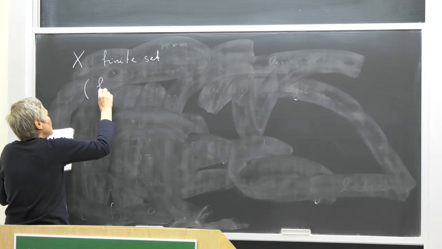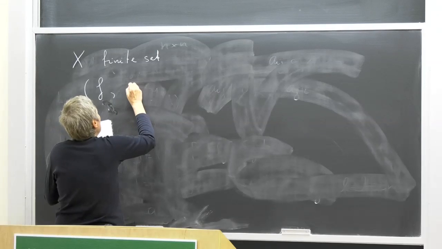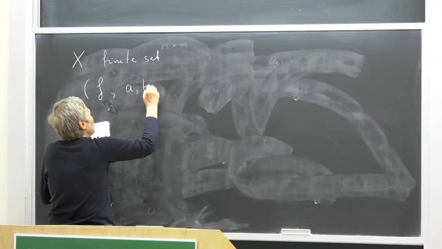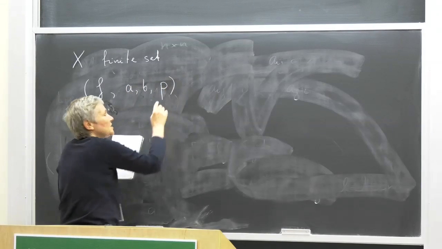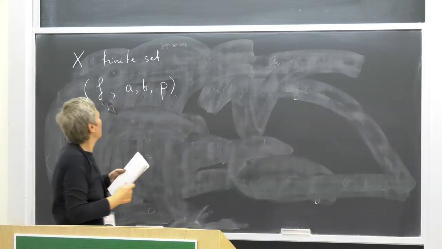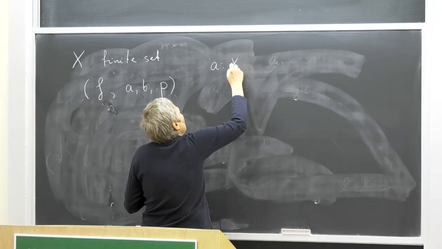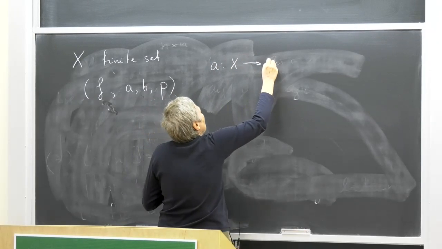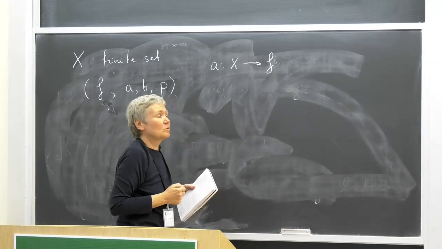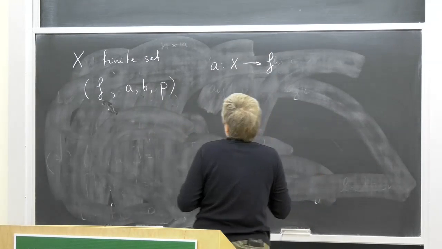We have H, which is a vector space. We have two maps, A and B, and we have the parity map P. These are all the decorations which I need in this case. So A is just a map from X to H. You should think about X as a set of indices.